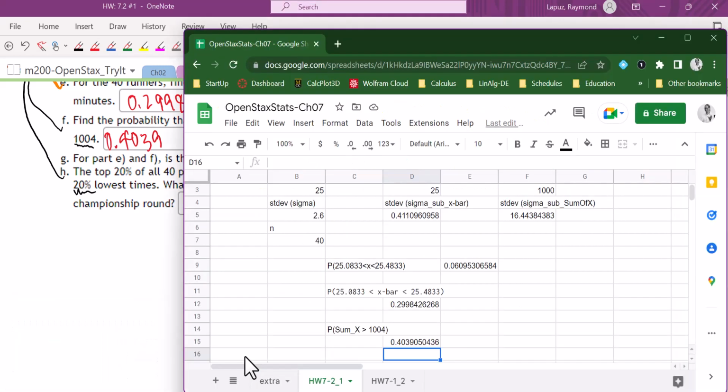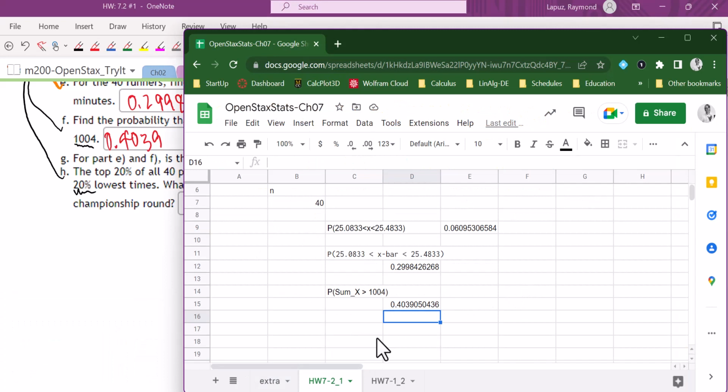So let's go ahead and call on that. So this is going to be the 20th percentile for the sum distribution.